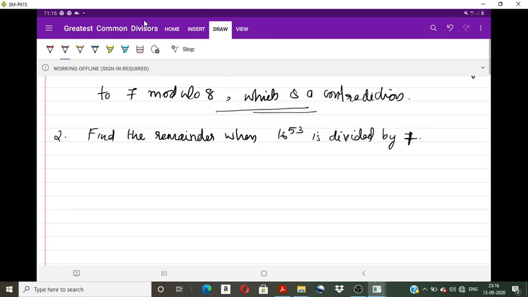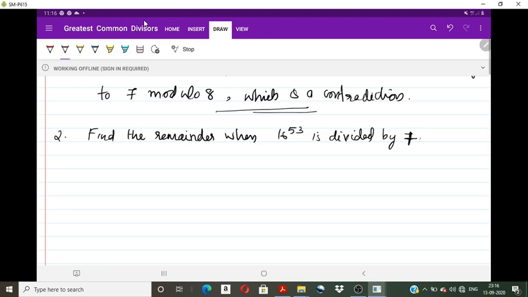The power is a very large number, and hence this will be a very large number, so it is very difficult to find the remainder by the actual method. So we can make use of the congruence relations here.